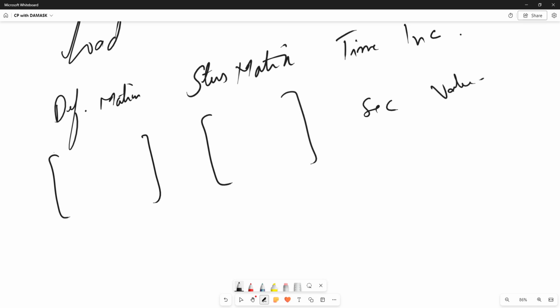So the deformation matrix is how you want to apply deformation. For example, I say I want to apply deformation in the x direction.